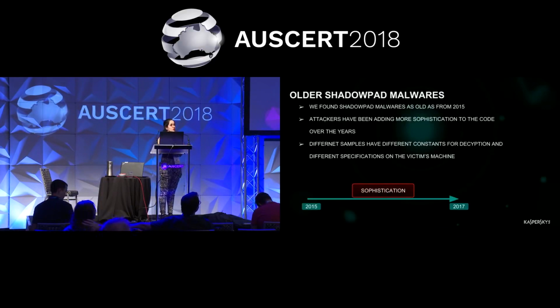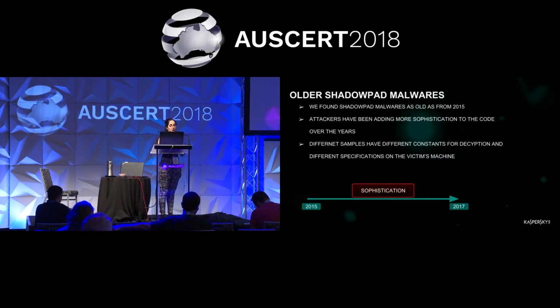So what we also found were some samples of the similar threat actor of the shadowpad attacks, which were compiled in 2015. So it means that it's been going on for at least 2-3 years, if you count 2018 as well, because I don't think the amount of resources, time, and money that has been spent on developing this platform is going to be stopped.